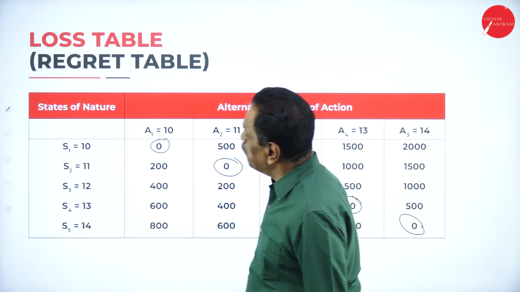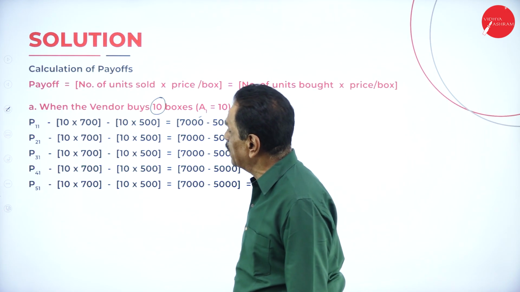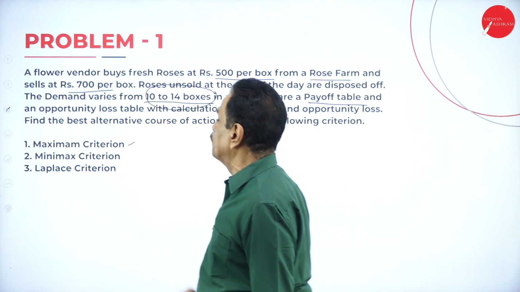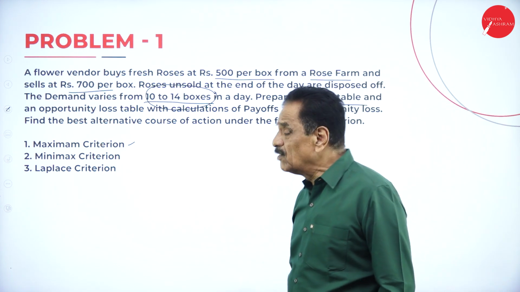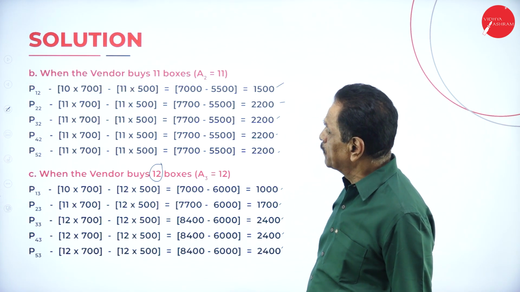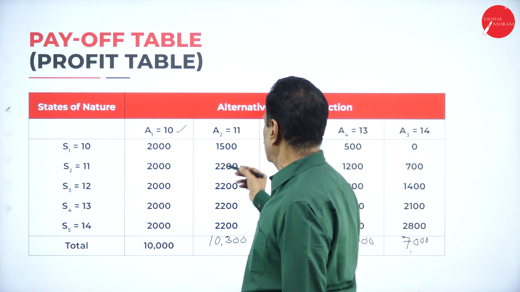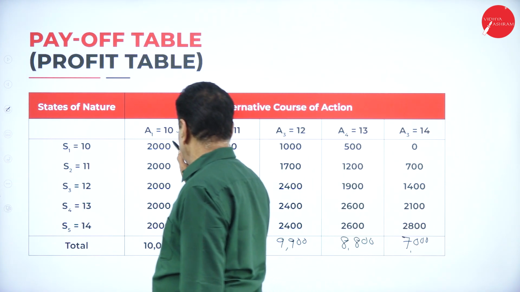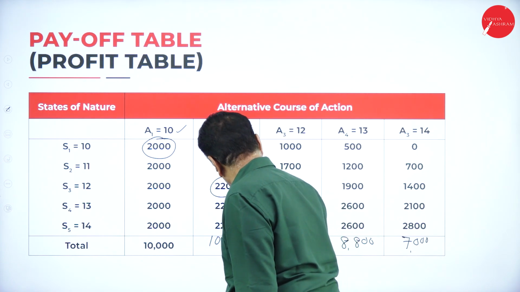So come back. What's the question they ask in the exam? First one, maximum criteria in the payoff table. Which is the maximum here? 2000. Which is the maximum here? 2200.